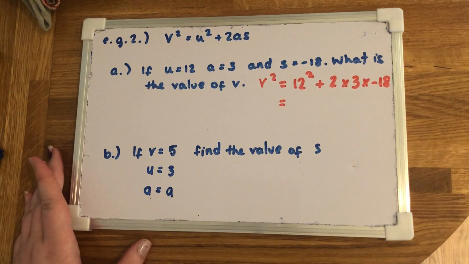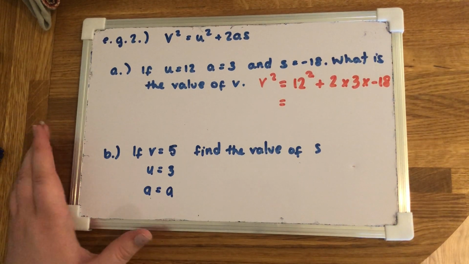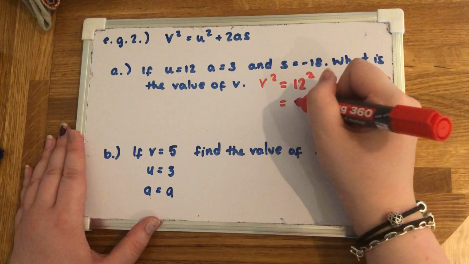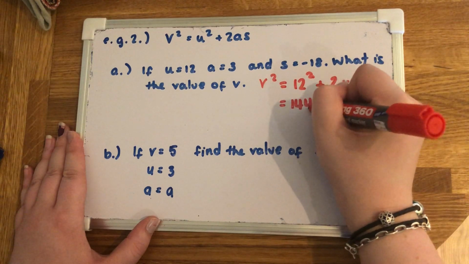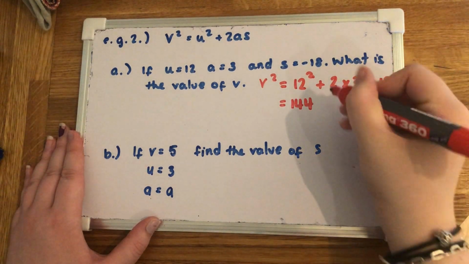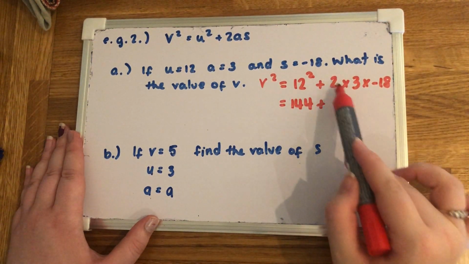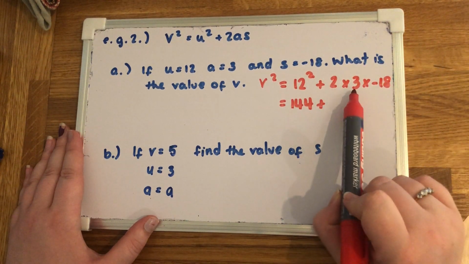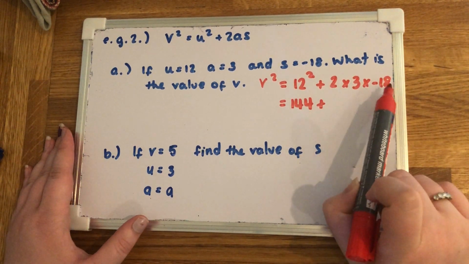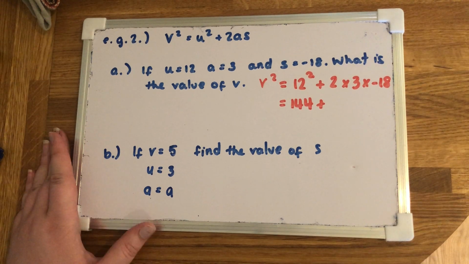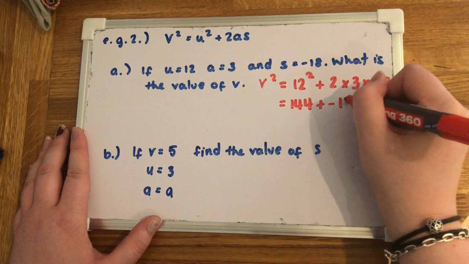Again, just like the other one, using BIDMAS, we're going to do the indices first. So that's 144. Plus, I'm going to multiply all these together. So 2 times 3 is 6. 6 times 18 is -108.